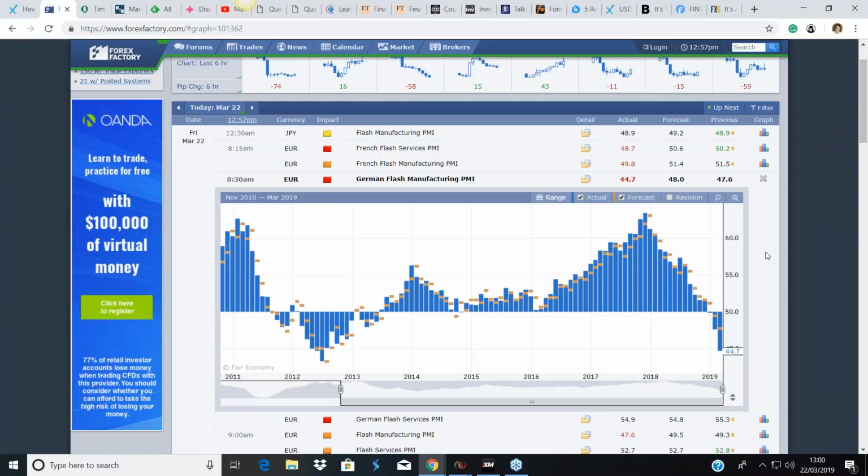So whilst a positive number might have given the euro a little bit of a boost, it's a boost against a major downward trend. Therefore the longer term trend is bearish, and you would expect that bearish momentum to pick up as the market moves south. That's really what it's all about.